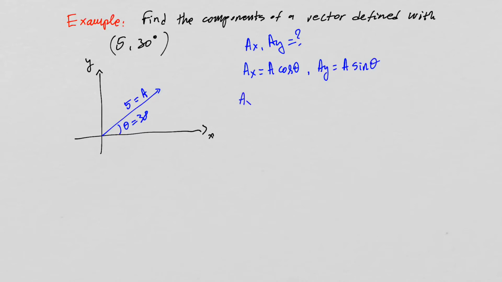So then AX is equal to 5 cosine of 30 degrees, which is equal to 4.3, and AY is equal to 5 sine of 30, which is 2.5. And so this is an example of knowing the polar coordinate representation of a vector with its magnitude and orientation, and finding its components using the definitions.